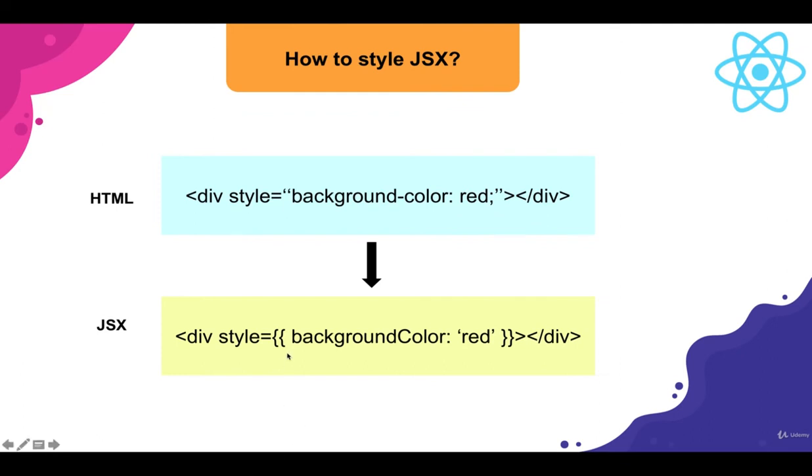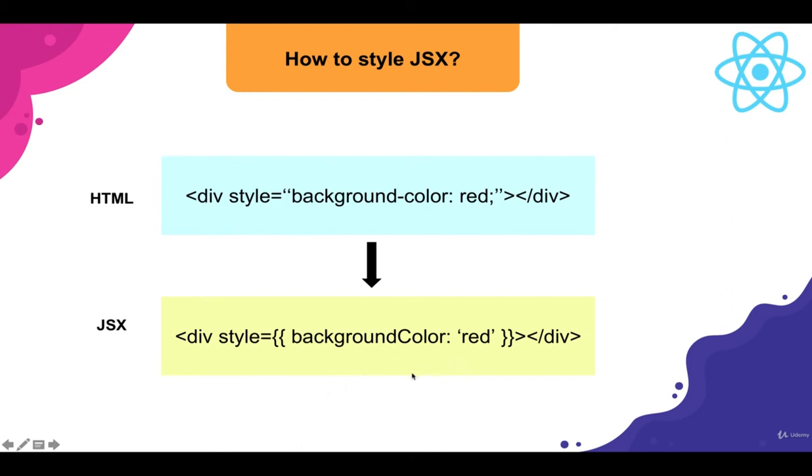And the second curly brace is meant to denote a JavaScript object. So in other words, when we do styling with JSX, rather than provide a simple string, we're going to instead provide a JavaScript object where all the keys of the object reference a different property that we want to style, and the values indicate the value for that particular styling.